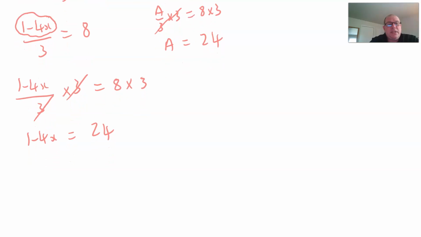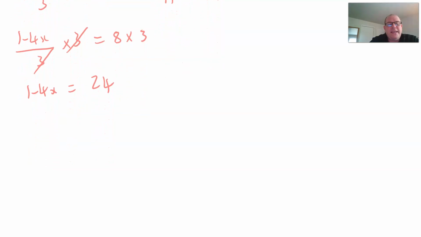Now, once you get down to here, there's two ways of solving this. Some of you might not mind the negative 4x, and you might keep it. So here, we're going to split into method 2. In method 2, you could keep the minus 4x and get rid of the 1.